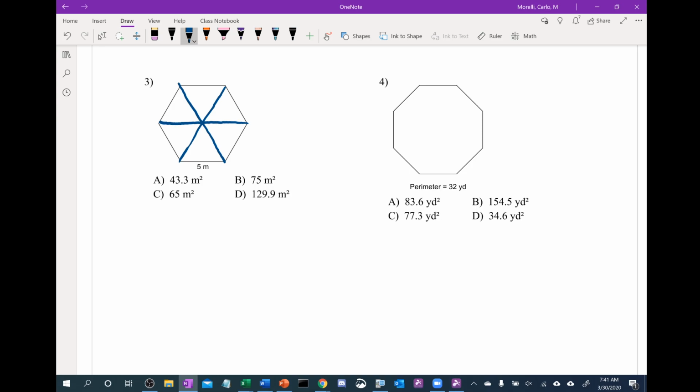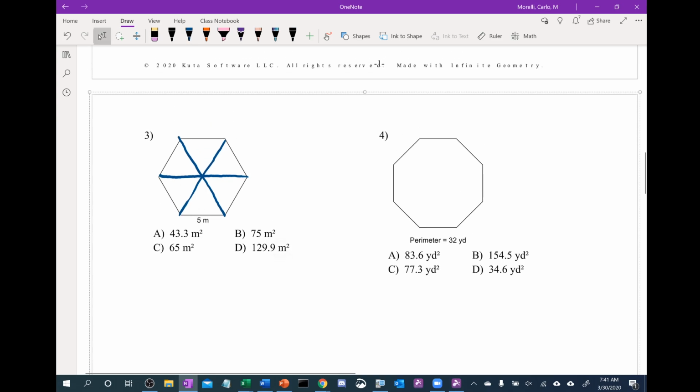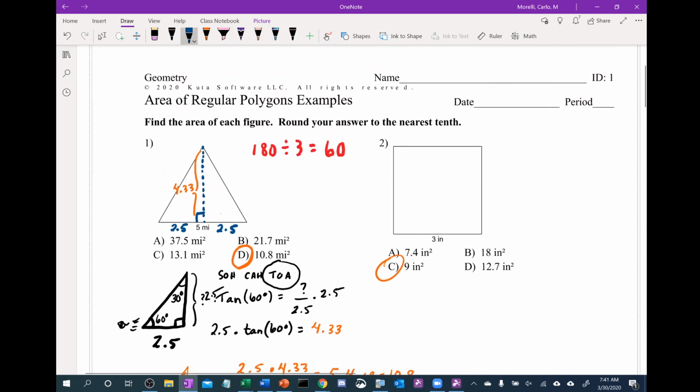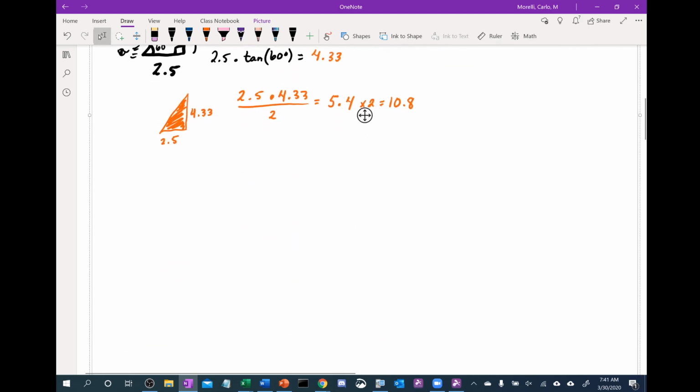Okay, so now we've broken it down into 1, 2, 3, 4, 5, 6 smaller triangles, and the process for solving them is going to be identical to this process that we just did with this one triangle here.